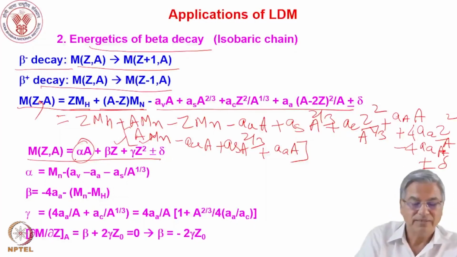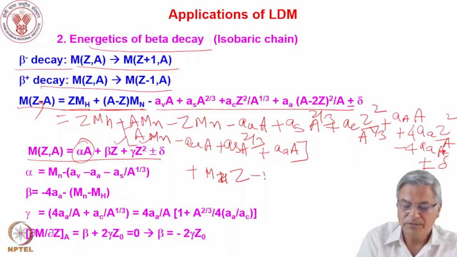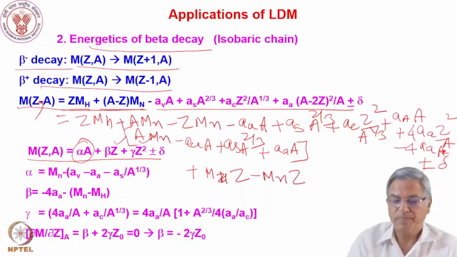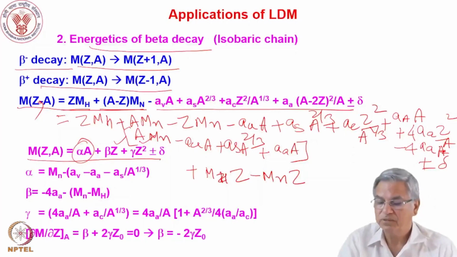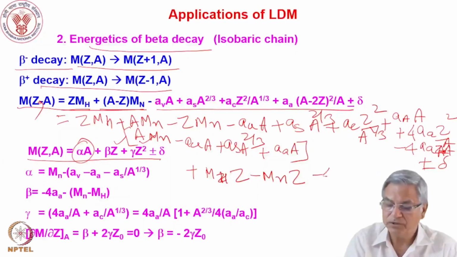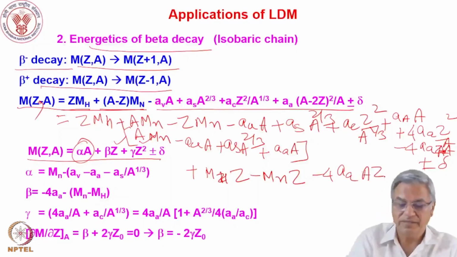Then we will have the Z dependent terms: M_H Z minus M_N Z, and then a term minus 4 a_A Z, so these are the Z dependent terms.